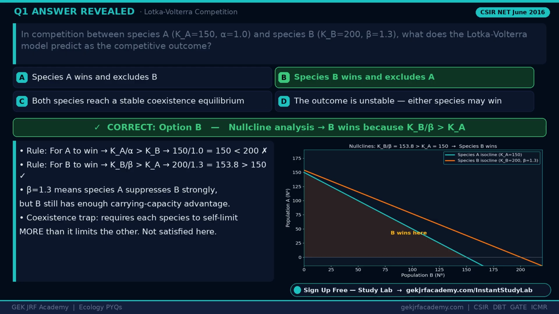Combined with B having a higher carrying capacity, B always pushes A to extinction. The common trap is choosing stable coexistence. Coexistence only happens when each species limits itself more than it limits the other. That condition is not met here.